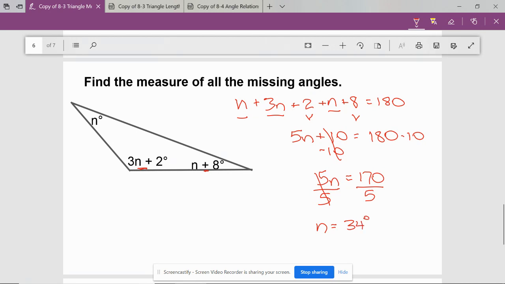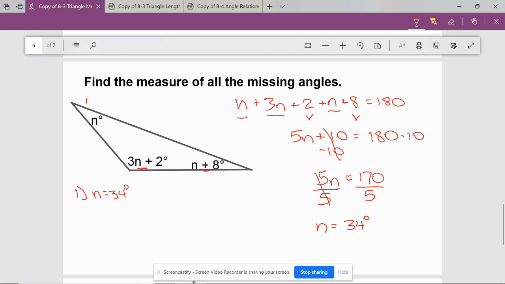Okay, now we have to put those back in. So find the measure of all the missing angles. If I put angle 1 as n, then angle 1 is n, which equals 34 degrees.